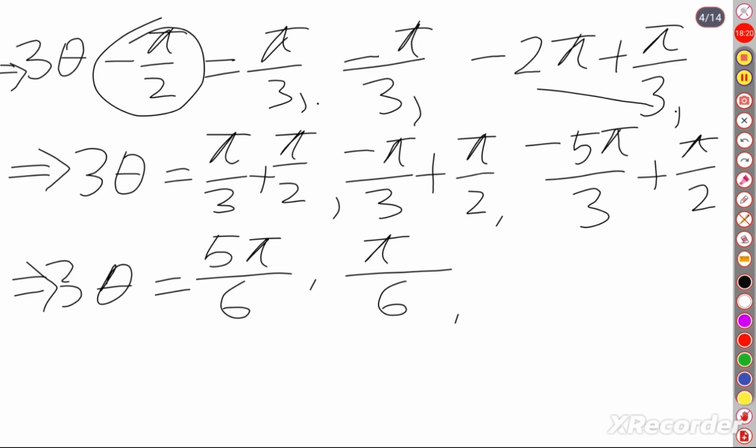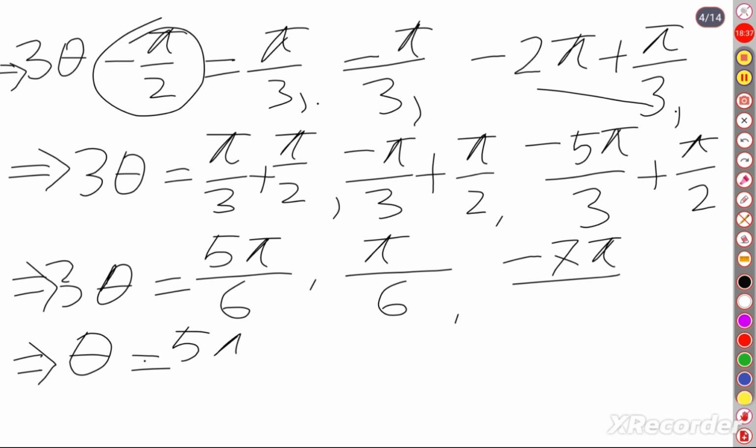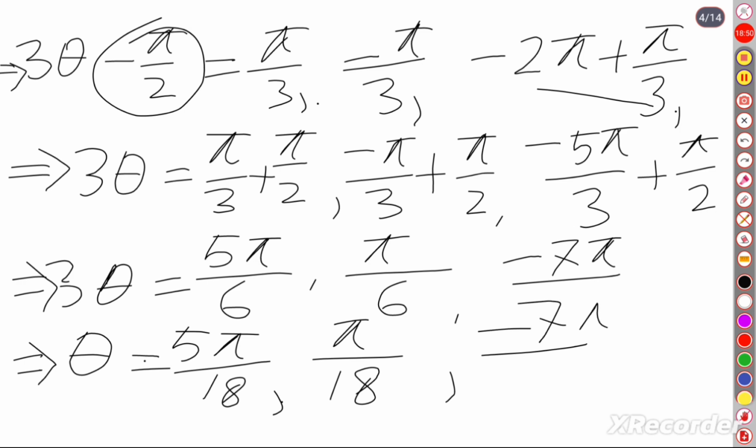Then the next one is going to be from 10, if we subtract 3, it is going to be 7 actually, negative 7 pi. After that, if we transpose this 3 to the right side, it will be 5 pi over 18 and pi over 18. After that, the third one is negative 7 pi over 18. As this is the last step, we can leave them at this stage or we can arrange them in order.